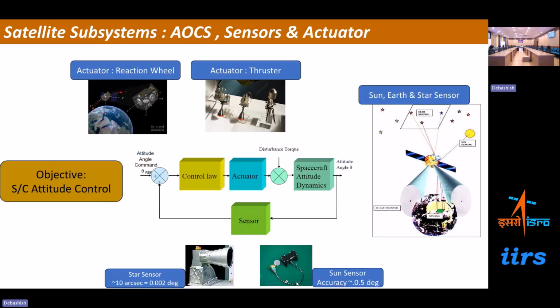For example, if my camera axis looks towards Earth, it should always look towards Earth. If it is an Earth viewing mission, the camera axis looks towards Earth; if it is a Sun viewing mission, my camera axis has to look towards the Sun.